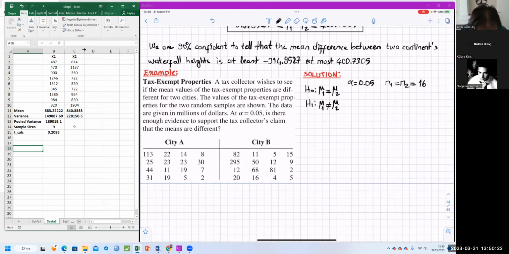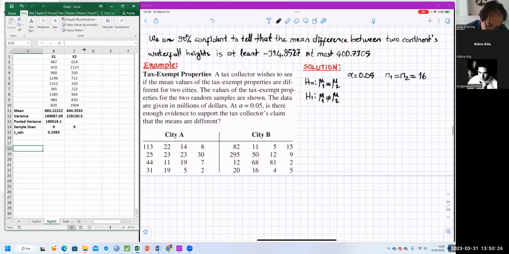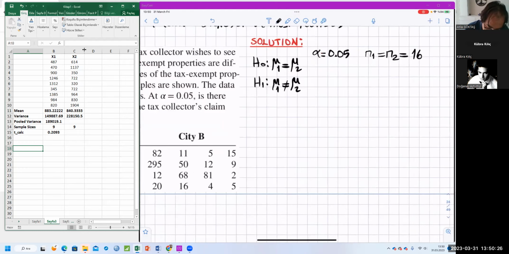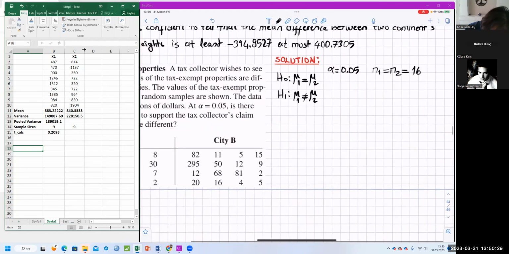The next thing is you would need to get x1 bar and x2 bar. You would need those. And you will need s1 square and s2 square as well.